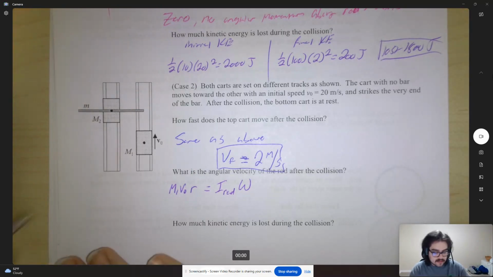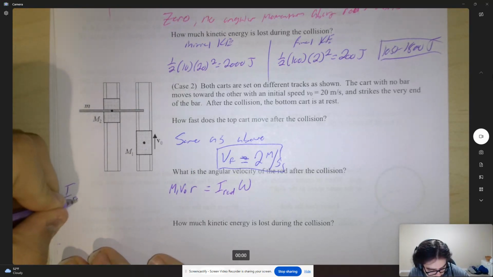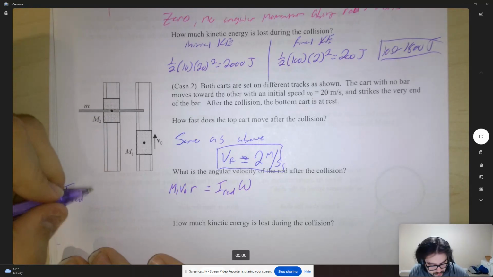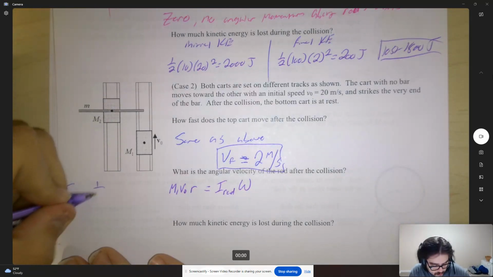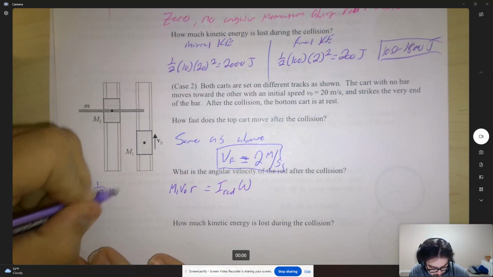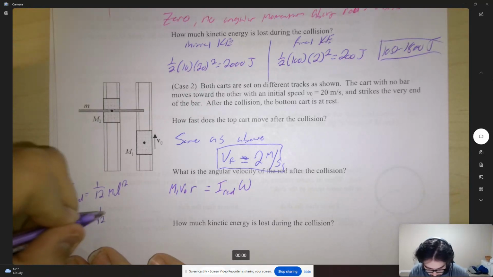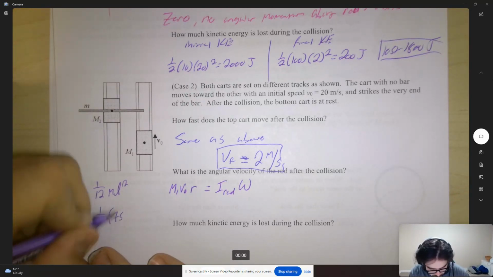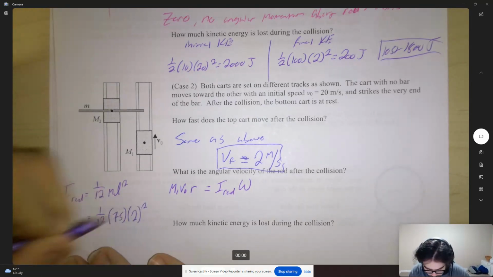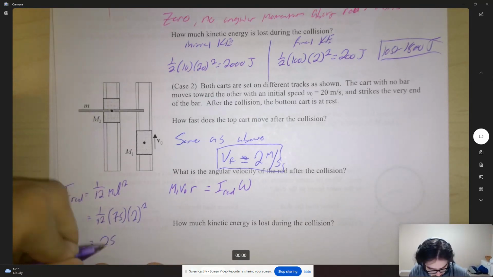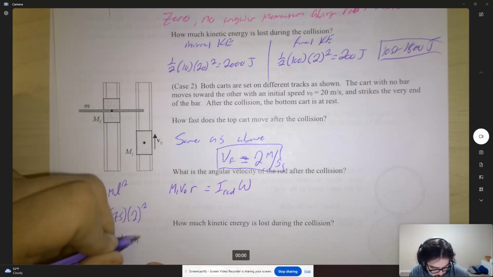I need to figure out the inertia of the rod. This is a rod pivoted about the center, so it's 1 over 12 m l squared, which gives me 1 over 12 times 75 times 2 squared, and I end up getting 25 kilograms times meters squared.